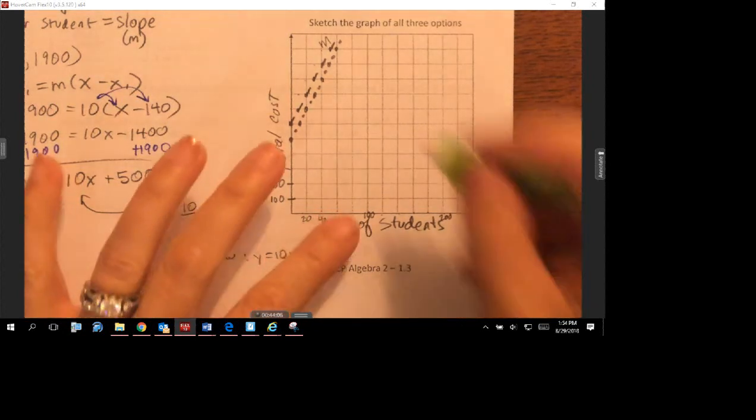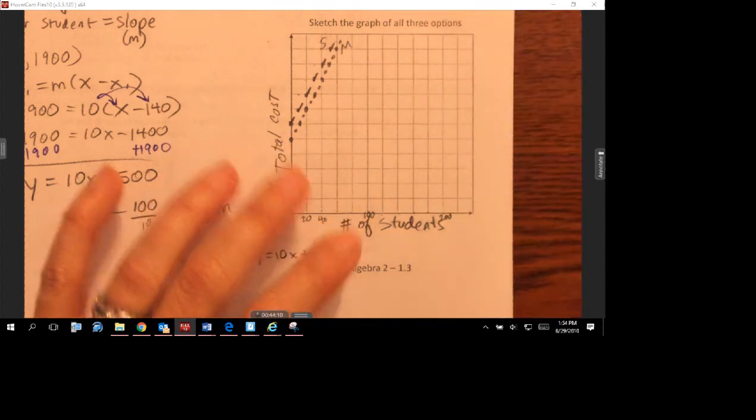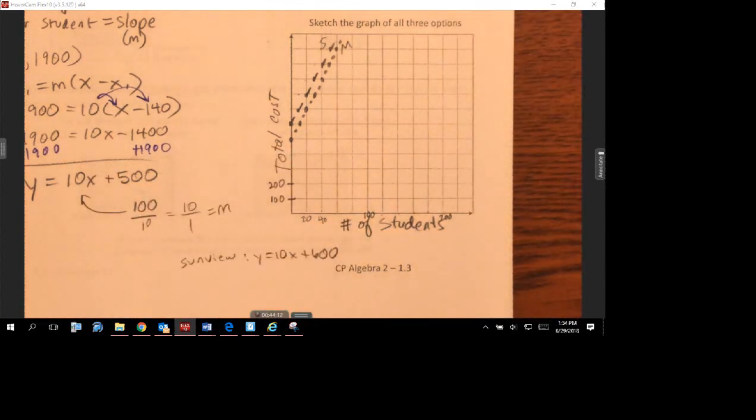Sunview's my top one. M is my bottom one. So total cost-wise, which one's on the bottom? Maple. So the slopes are exactly the same. It's just Sunview has more for the room. So I wouldn't even go with Sunview because I know Maple's cheaper.